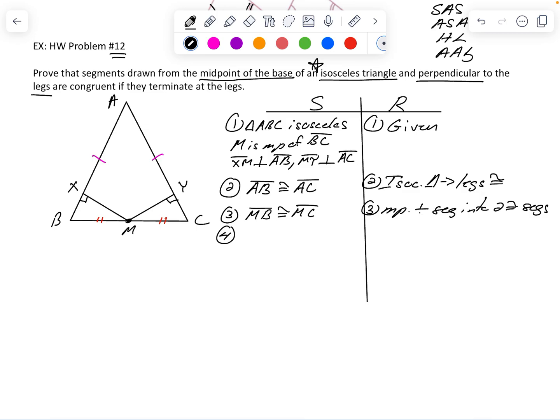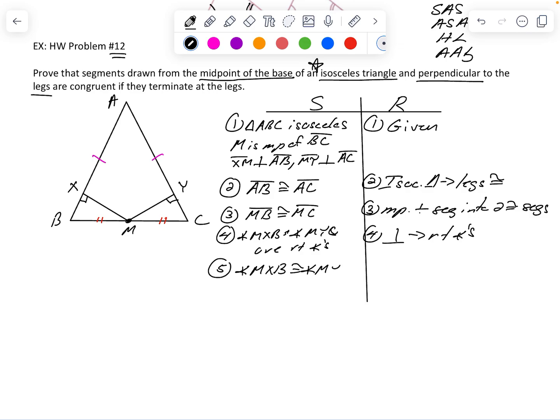So let's start by saying angle MXB and angle MYC are right angles. And we know that because perpendicular gives us right angles. Now we need to say angle MXB is congruent to angle MYC, and that's because all right angles are congruent.